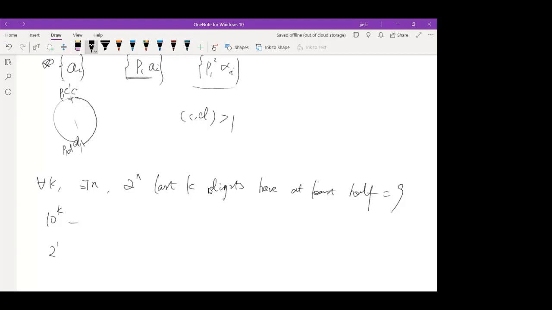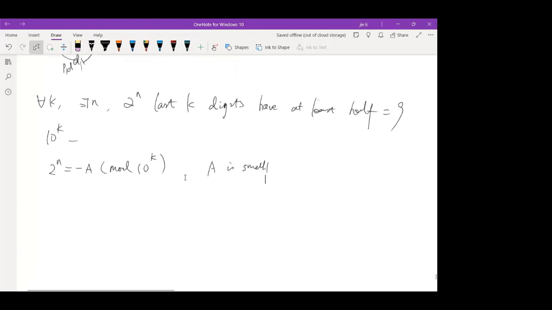So if 2 to the nth power equals, let's say, negative a mod 10 to the kth power, and this a is, let's say, small, then we know this one definitely should have at least half of the digits equal to 9. And how do we show this exists?